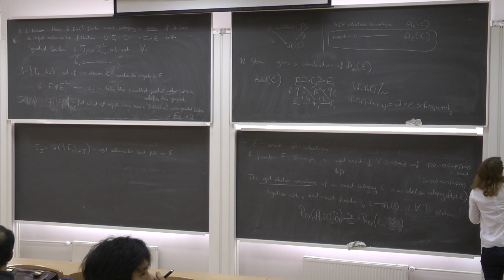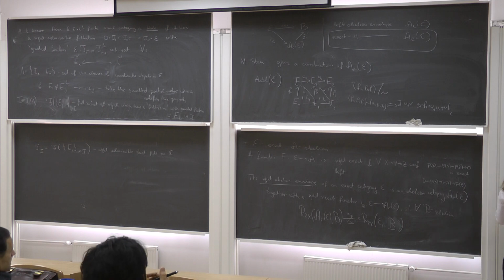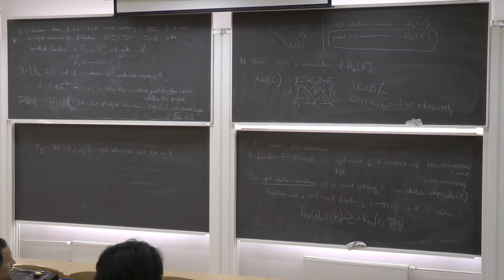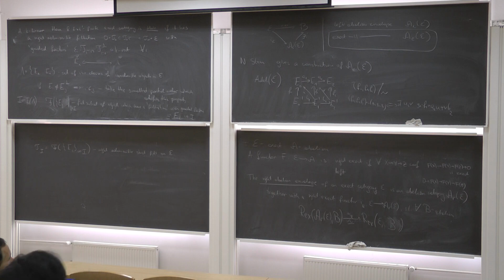So the theorem: E in A is a full subcategory closed under extensions and kernels of epimorphisms.